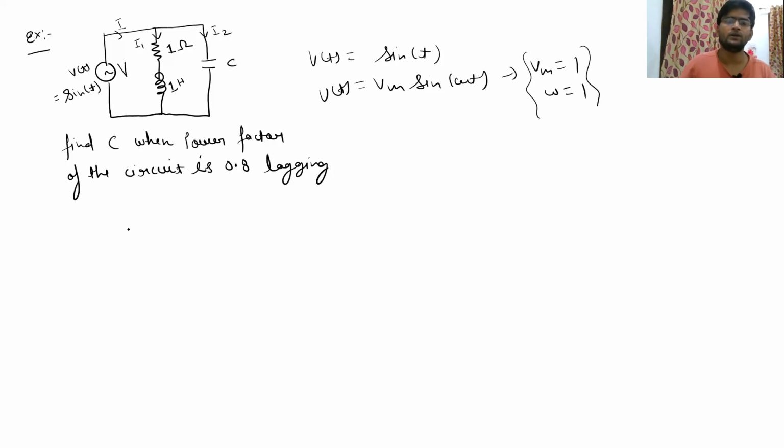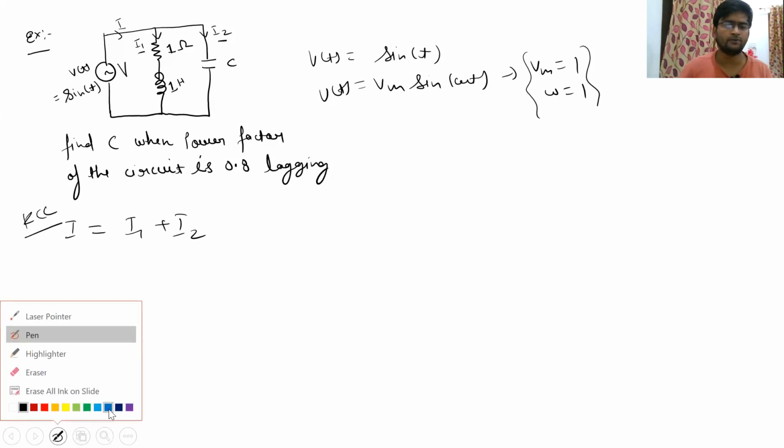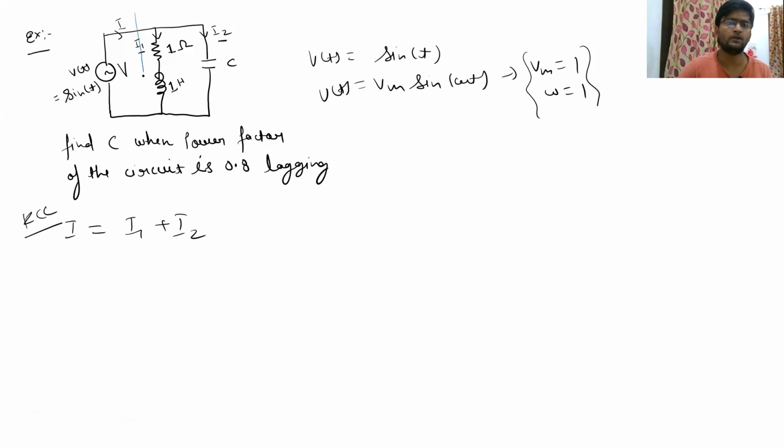Now moving to the KCL part, we will get I is equal to I1 plus I2, since I have taken this current as I1 and this as I2, right? So we can write now, if we call this whole load as Z, V divided by Z is nothing but, what is I1?